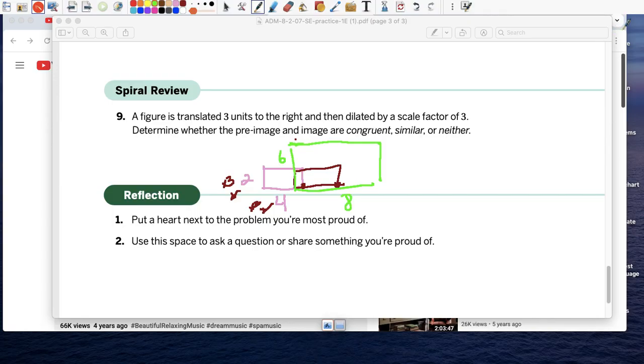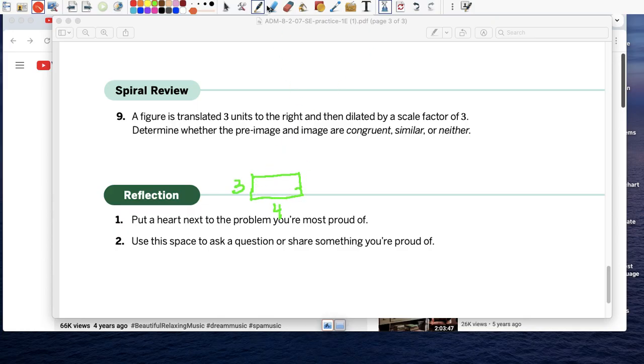So, what do we know about these two rectangles? I'm just going to have to make you imagine it. So here's my original rectangle. This is 3 and this is 4. We move it to the right, and just assume I moved it to the right. I don't want to do it on top of each other. Same rectangle, so still 3 and 4. And then from there, I'm going to use a scale factor of 3.